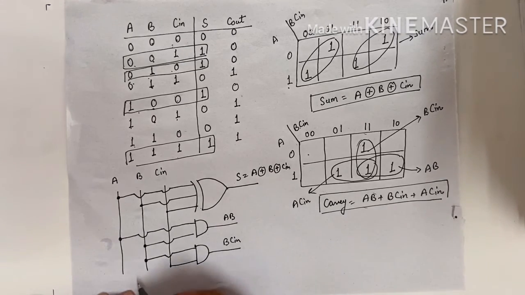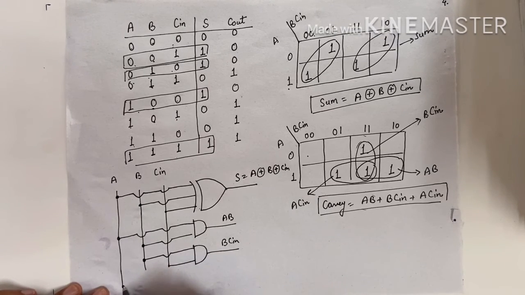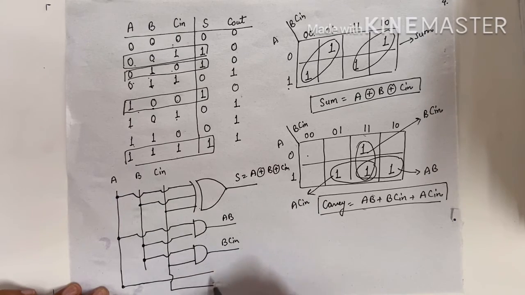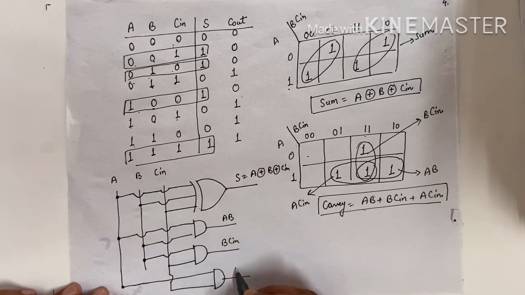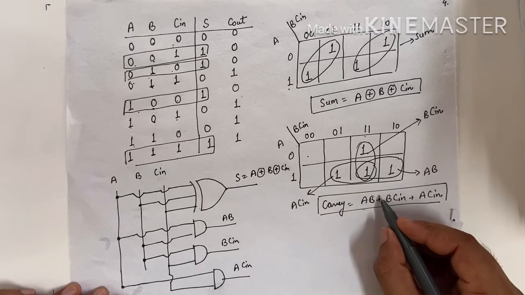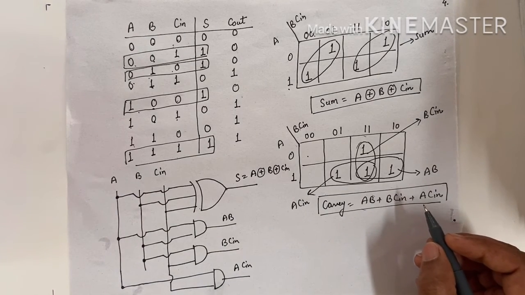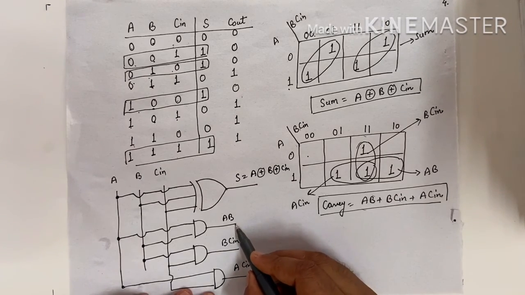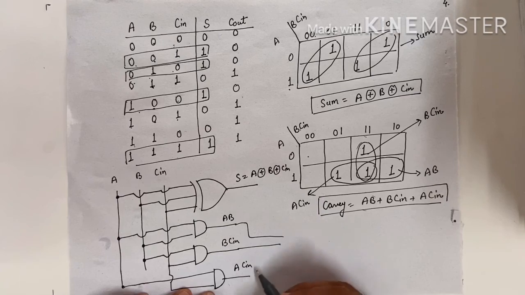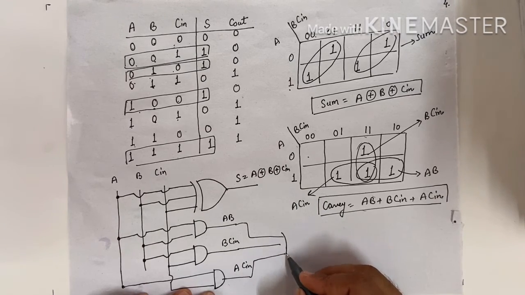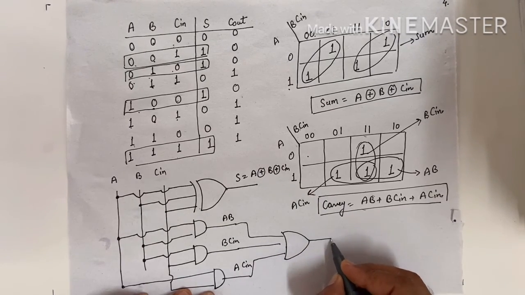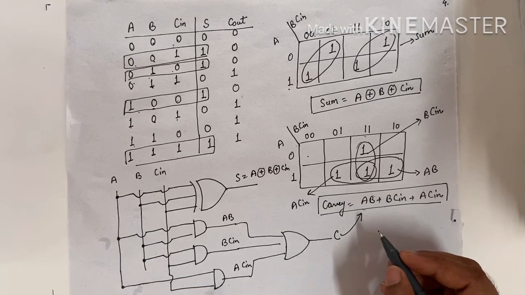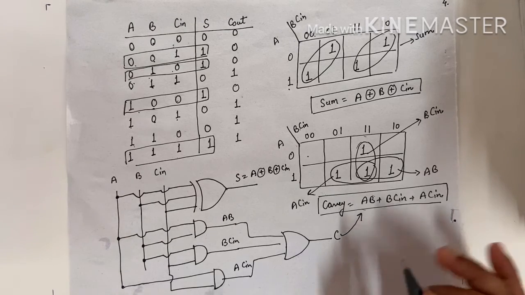Third is A and C, so we take A in this condition and C from this. Now these 3 are in summation. For summation we apply the OR gate. We put these 3 outputs in the OR gate, and then we get the carry. So this is the logic design of the full adder.